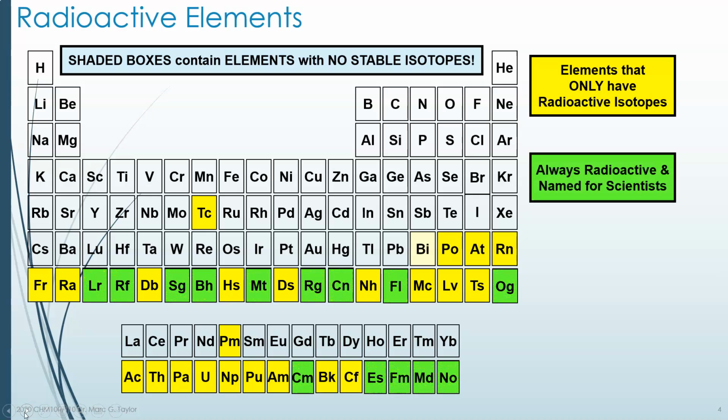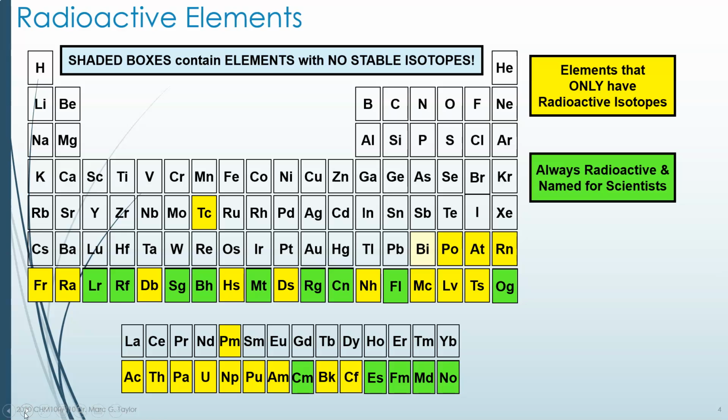In green are the ones that are named after scientists, and some of these scientists are very famous. LR is Lawrence. RF is Ernest Rutherford, who we've already talked about. Seaborg, Glenn Seaborg, SG, actually co-discovered 10 of the elements on the periodic table, all radioactive elements, and the last one was named in his honor while he was still alive.